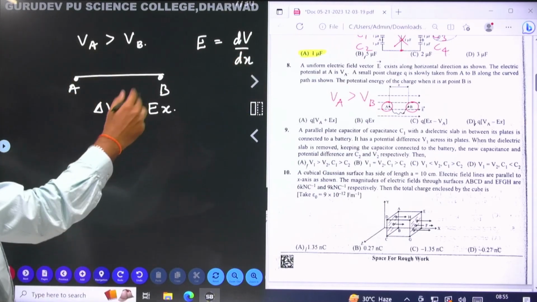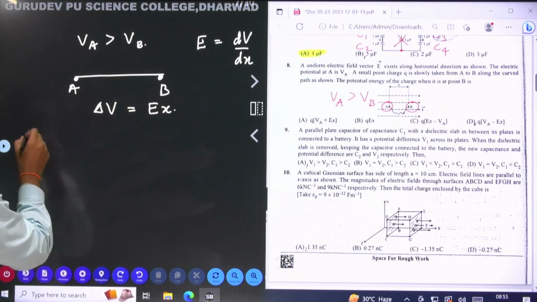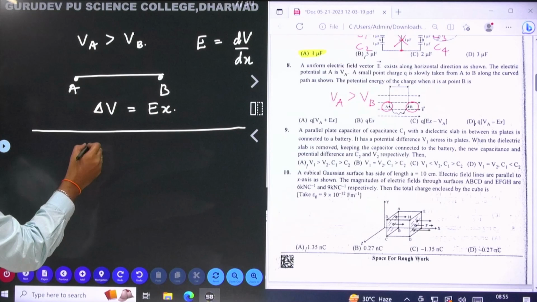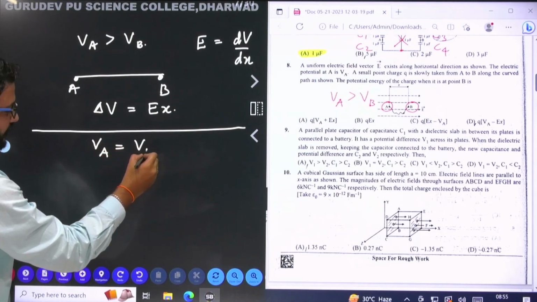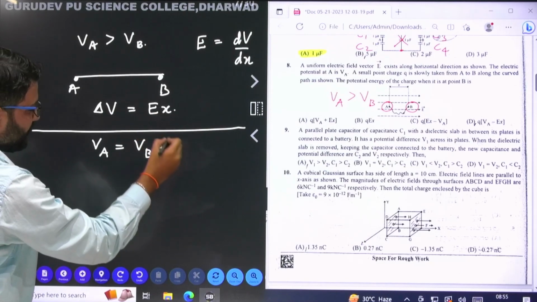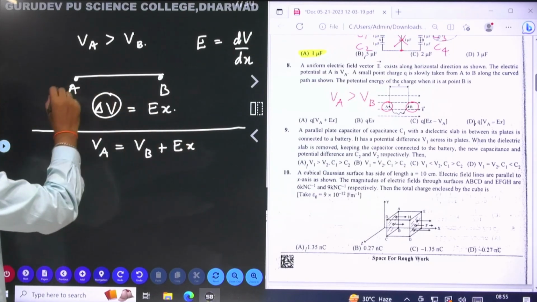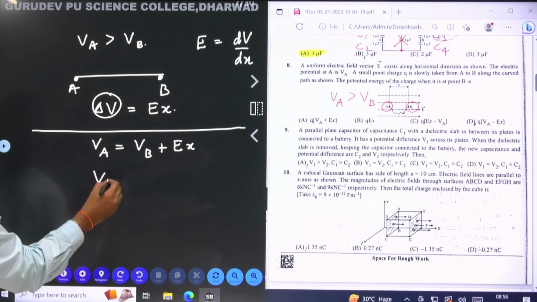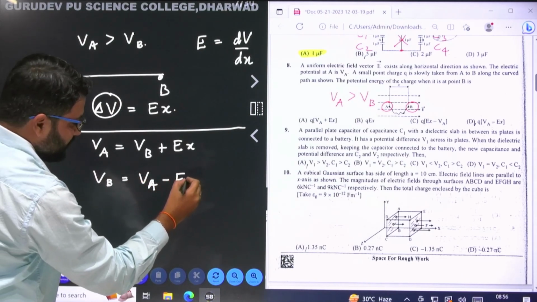I'm not putting the minus sign, because I know which one is greater and which one is lesser. So VA should be equal to VB plus E into X, the additional difference between the two. Now VB will come out to be VA minus EX.